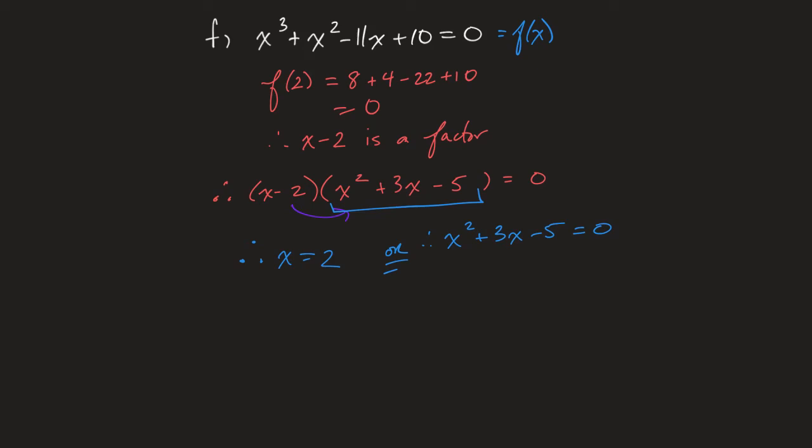Now, you never have to write down that blue statement. If we recognize that it doesn't factor, then feel free to just jump in and use your quadratic formula. So, therefore, x equals negative 3 plus or minus the square root of 3 squared minus 4 times 1 times negative 5.